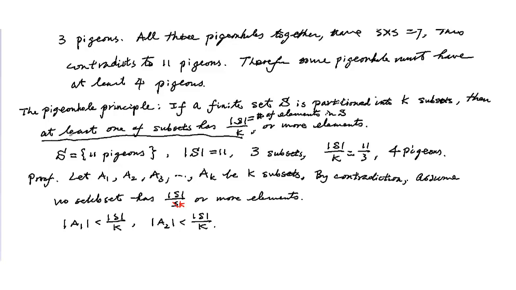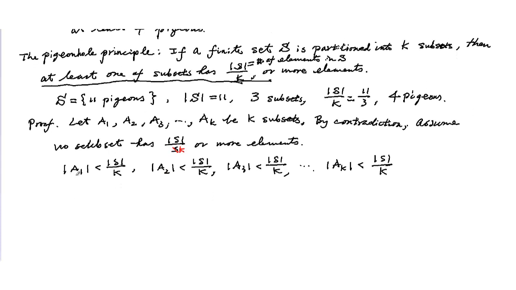When we negate, at least becomes every, and having this much or more becomes less. So that's why we have this. And A sub 3 is less than cardinality of S divided by K, and so on for every A sub K, the last one here, which is also less than this.